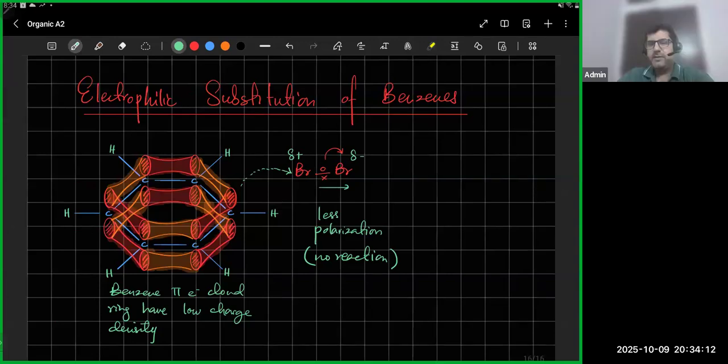So the first thing is you would need a catalyst, because the polarization is not strong. So the catalyst that you use is, for example, for bromination, FeBr3. The good thing about transition metals as catalysts is that they have a huge number of protons, which is why they don't lose electrons.